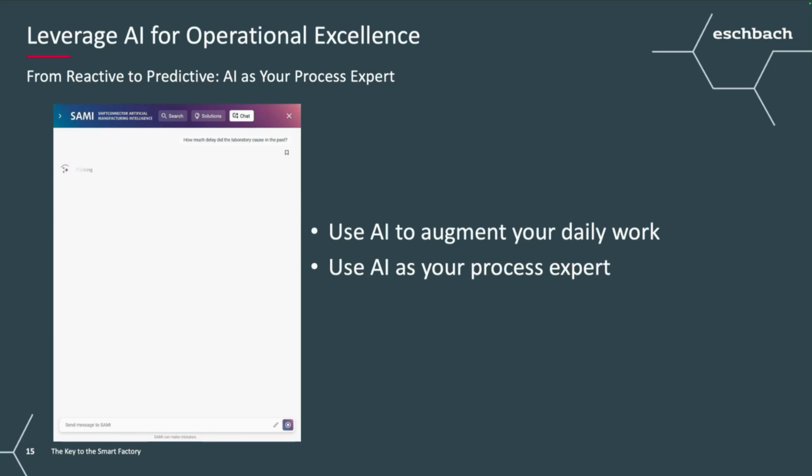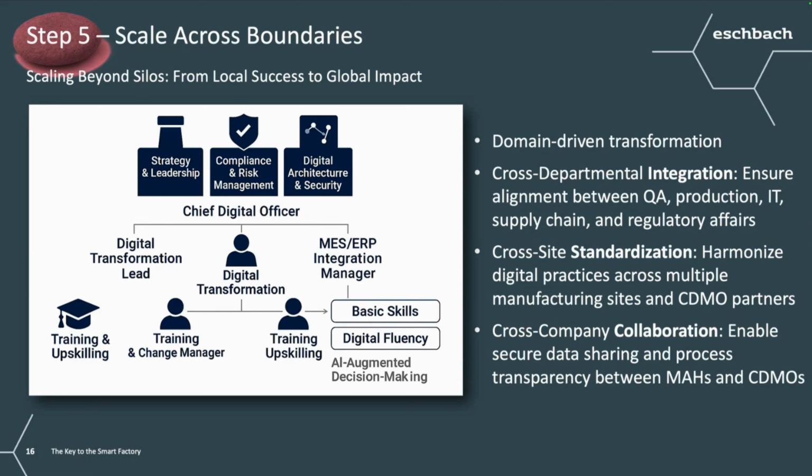Roll that out into all of your operations domains. Roll that out into other sites, and roll that also out into your partnerships if you are a CDMO with your sponsor, so that you provide more transparency to your sponsor. You can give them access to information that helps them to plan better at the end of the day in their supply chain.